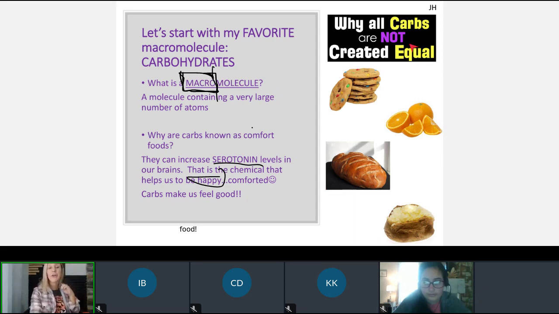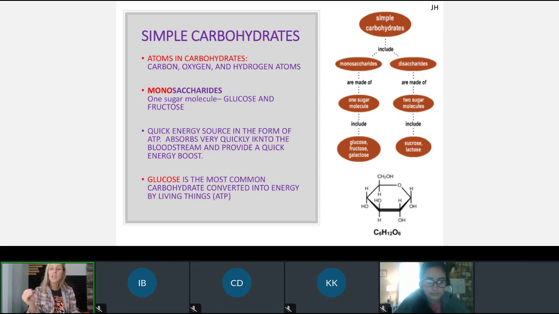Yes, there are unhealthy carbohydrates, but they're also really good carbohydrates. And regardless of the good or the bad, our bodies need carbohydrates. Our bodies need these things. It's a macromolecule that our body needs. And it's not just bananas and oranges, all right?